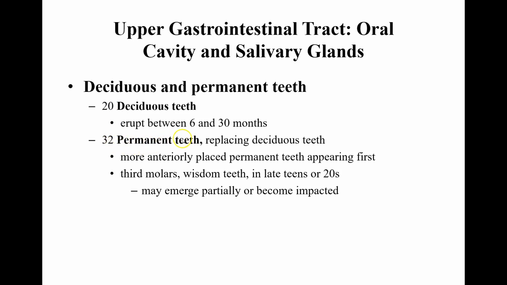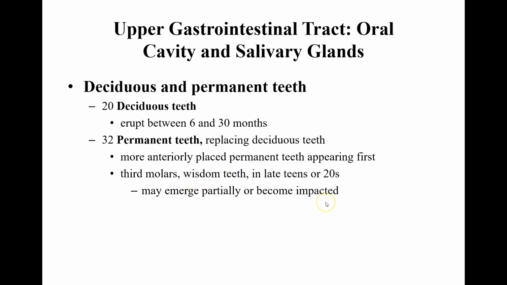Our mouth typically is large enough to fit at least 28 of these teeth. The last teeth that come in are wisdom teeth. Sometimes people don't have the room for these to come in, and when they can't fit, that means that they are impacted.